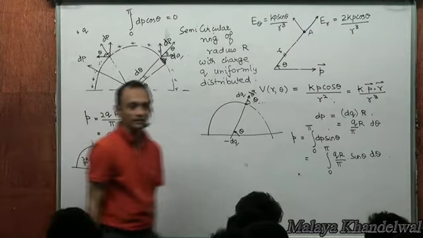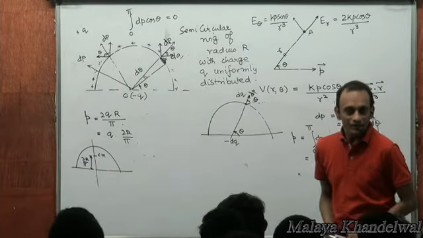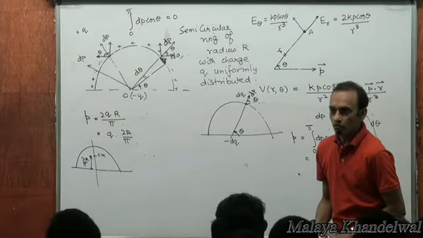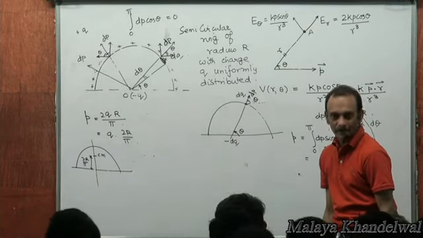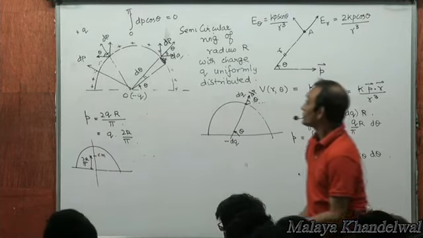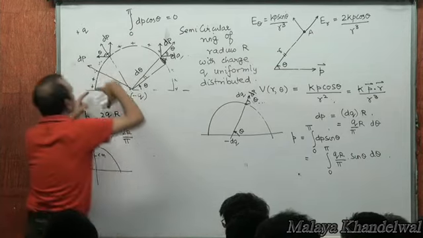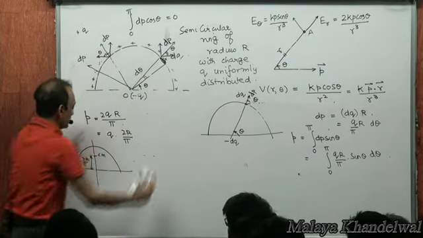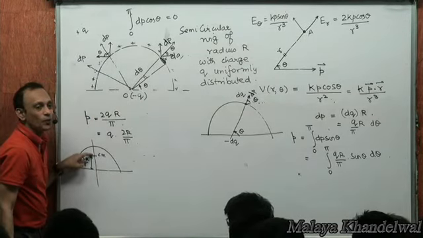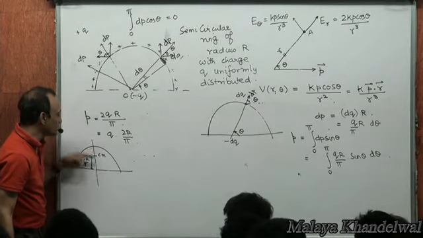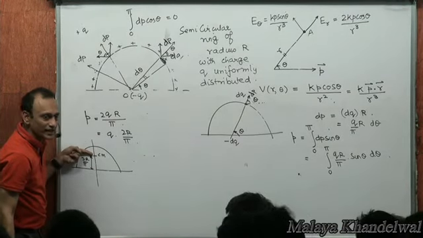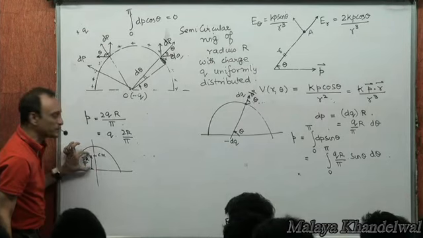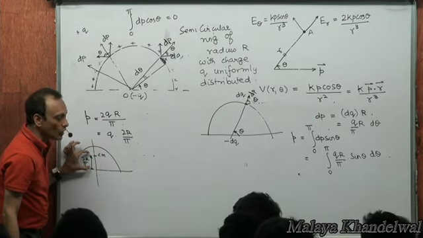It's as if this entire plus q could be imagined to be at 2r by pi here. Then there is a minus q here and a plus q there, separated by 2r by pi, giving q into 2r by pi.